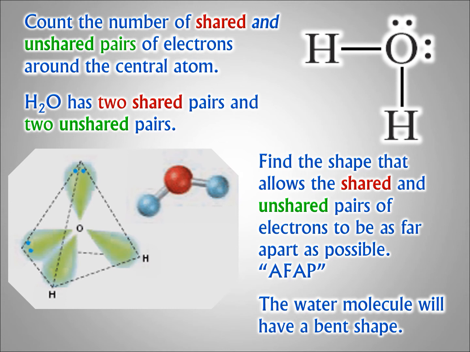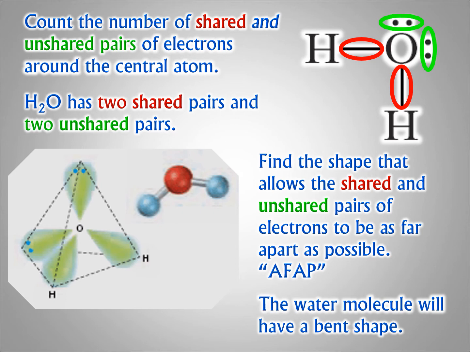That's the problem. So if we look at the Lewis structure for water in the upper right corner, notice that it has two bonds and it has other valence electrons around the central oxygen. So it has two shared pairs of electrons. Think about it. Isn't a bond a shared pair of electrons? And it has two unshared pairs of electrons.